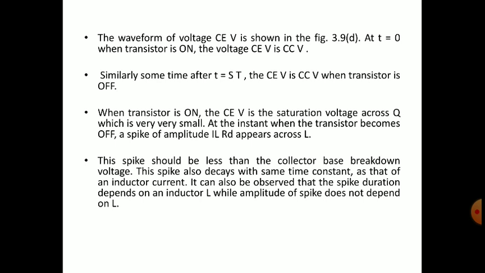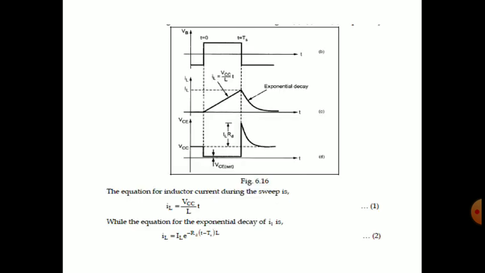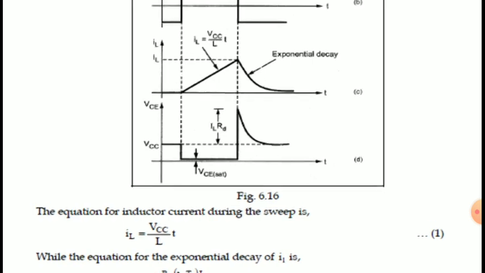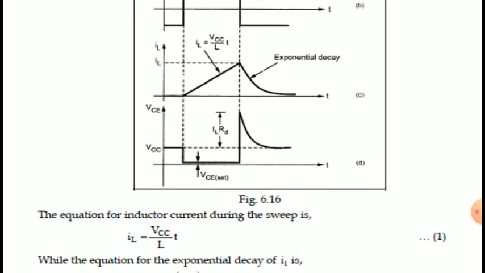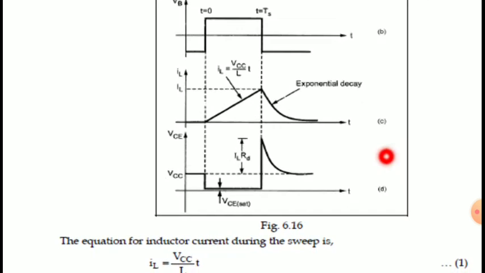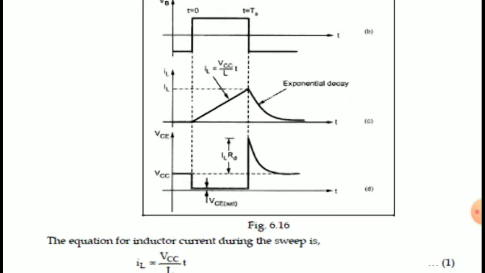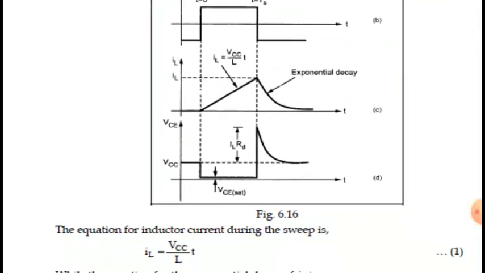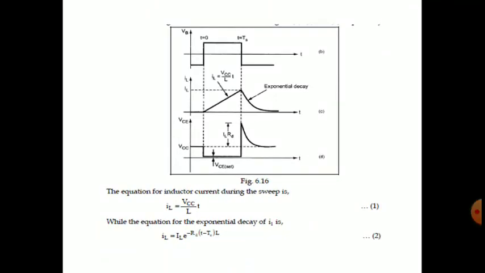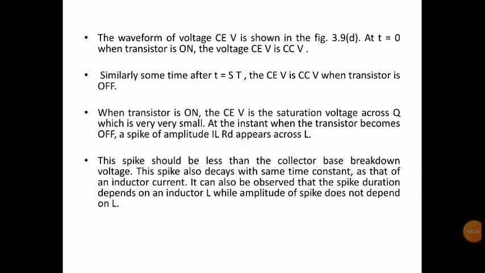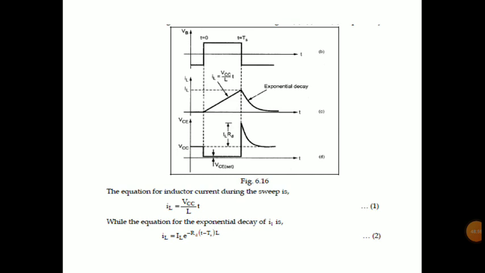The waveform of voltage VC is shown in figure 3.9D. At T equal to 0, when the transistor is on, the voltage VC is VCC. In figure D, the collector to emitter voltage at T equal to 0, with the gating waveform, becomes VCC.